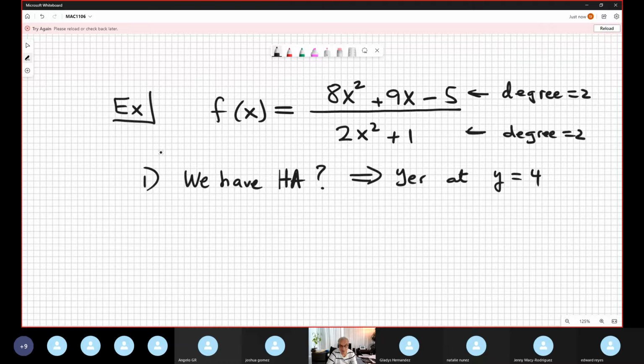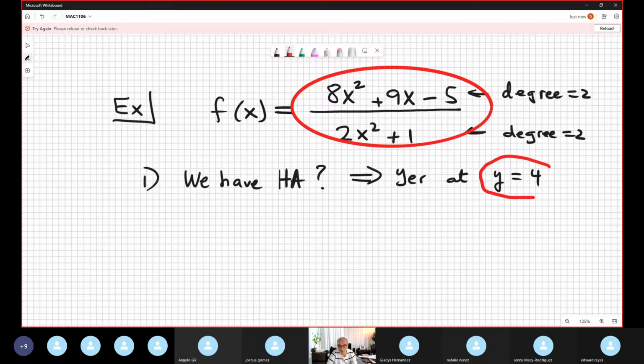And this is a similar problem, but the new thing is I want to investigate if that function crosses this asymptote. This is the second challenge. Does the function f cross it?